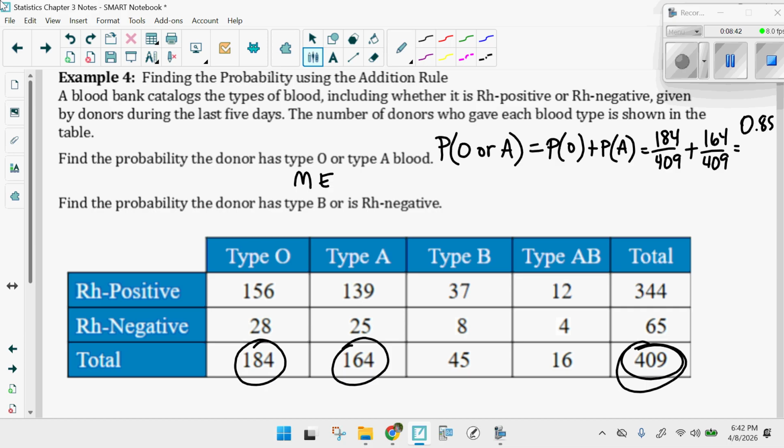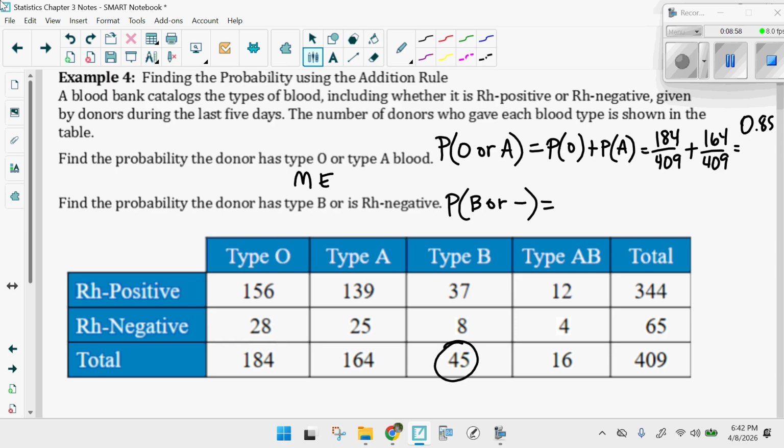Now the probability that a donor has type B or they are Rh negative. So looking at our probability of B, there's 45 out of 409. And then the probability of being Rh negative is 65 out of 409.